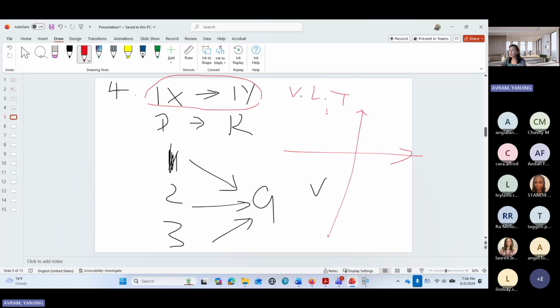If I have this graph and I drop a vertical line anywhere, and it only passes one point, this will be a function because it passes the vertical line test. So I drop a vertical line, that means one input only has one output.